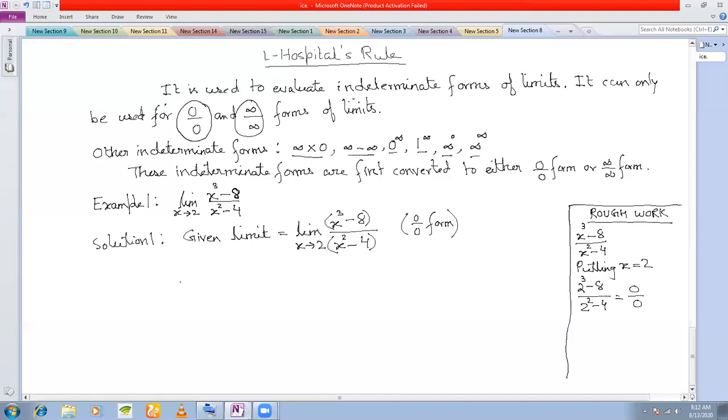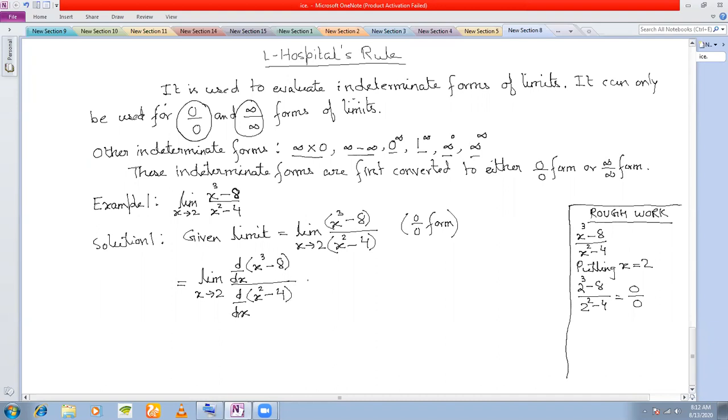Now, how to apply L'Hospital rule? You differentiate the numerator and the denominator separately, not by u by v rule. Is that absolutely clear? You differentiate the numerator and the denominator separately, not by u by v rule. This must be very clear. Do not use u by v rule.